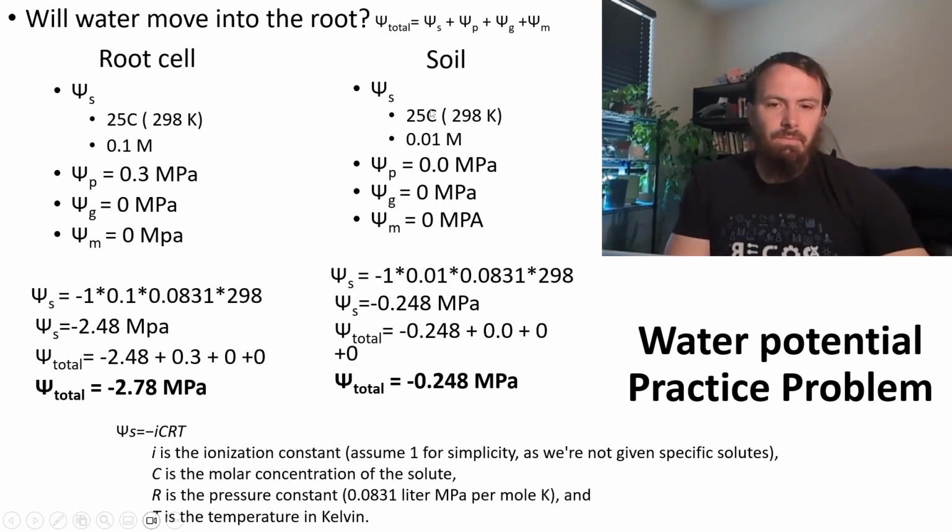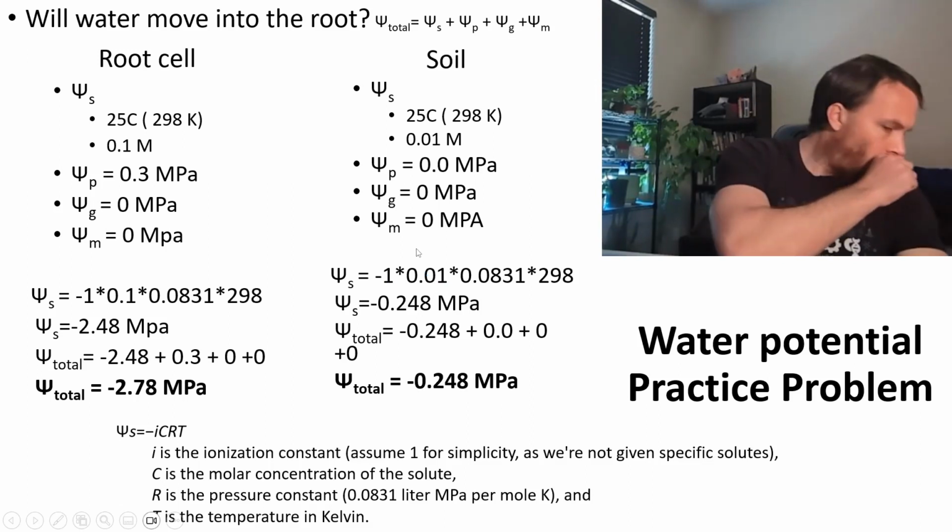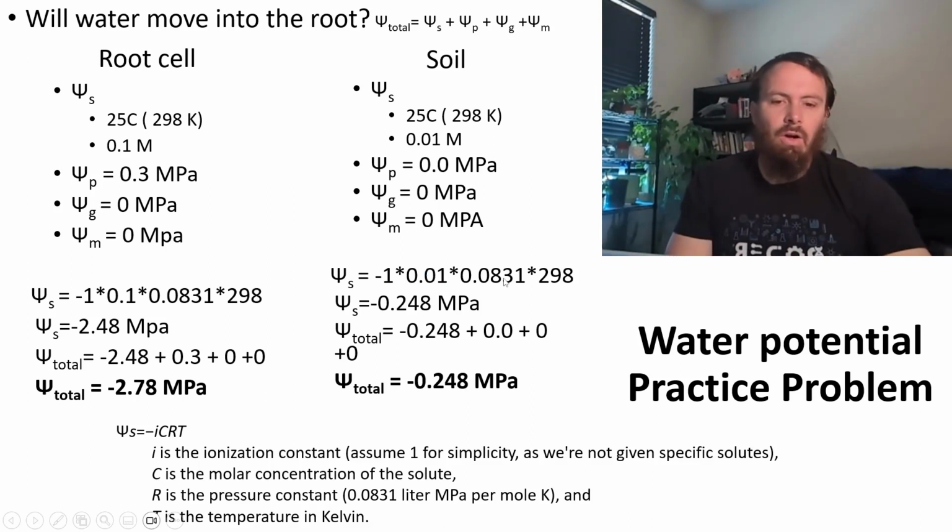Now over here, we have a similar equation: negative 1 for the ionization constant, 0.01 for the molarity, R is 0.0831 for the constant, and Kelvin is 298. It gives us a solute potential of negative 0.248.